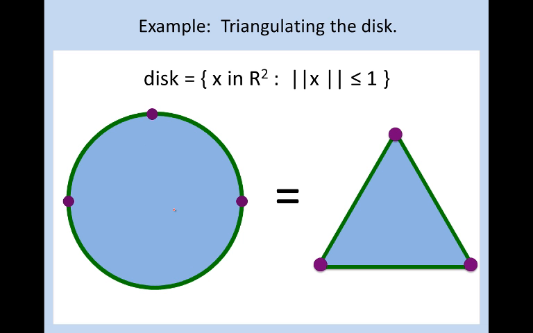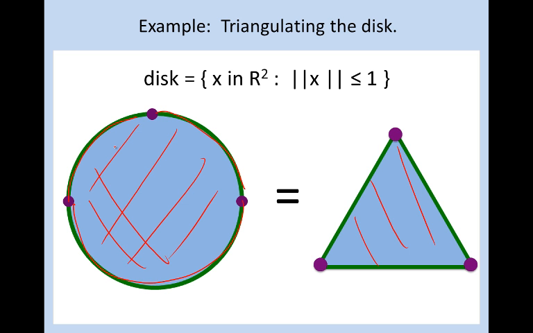Recall that a triangle is topologically equivalent to a circular disk. So as long as I have 3 edges forming a cycle, then I can add a 2-dimensional face. So I do have a topological triangle. I do have a triangulation of the disk.